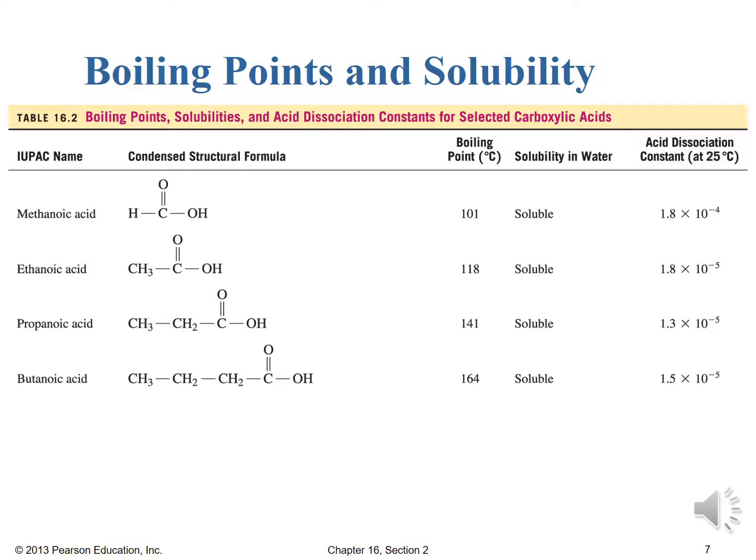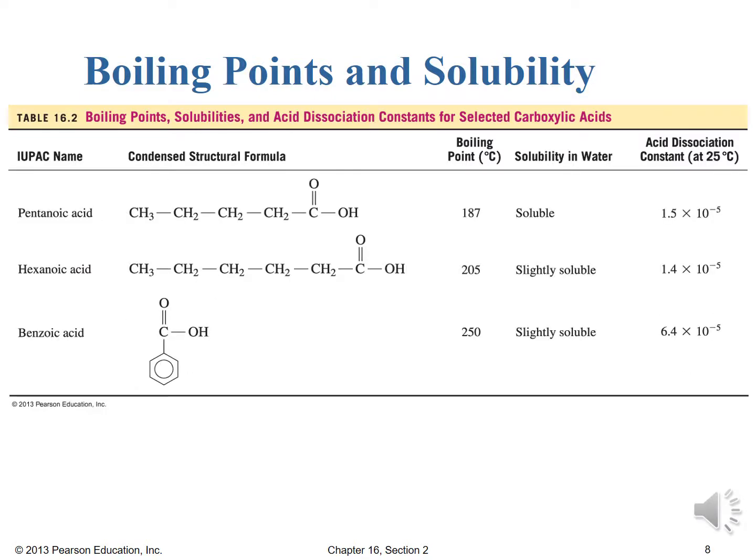So big change between methanoic and ethanoic, right, an order of 10, but then relatively small changes between ethanoic, propanoic, and butanoic acids. If we continue up a couple more carbon lengths, we see that for pentanoic acid, the boiling point continues to increase, the solubility in water starts to go down a little bit, and the acid dissociation constant is right around the same as the previous example.